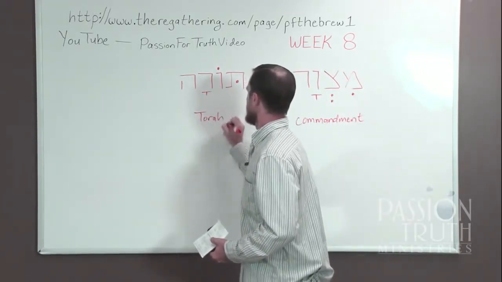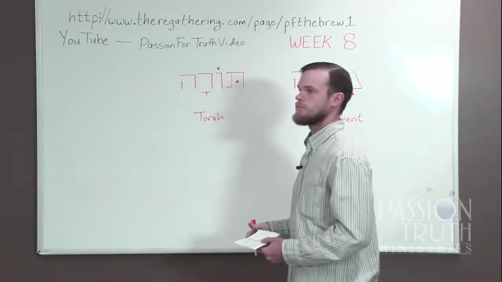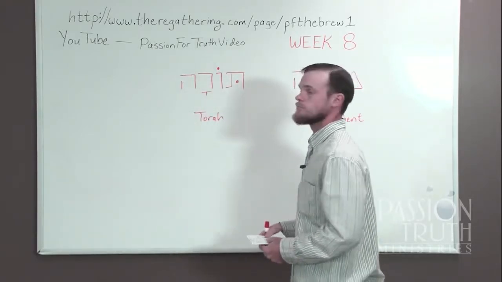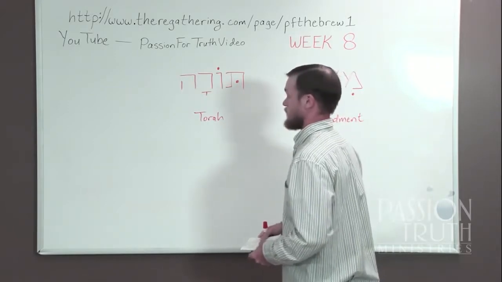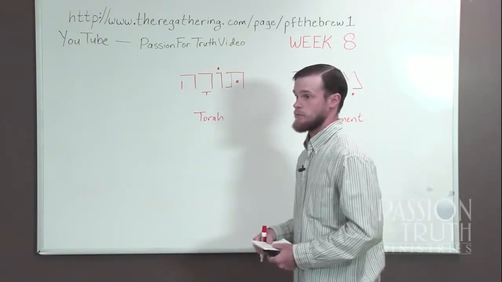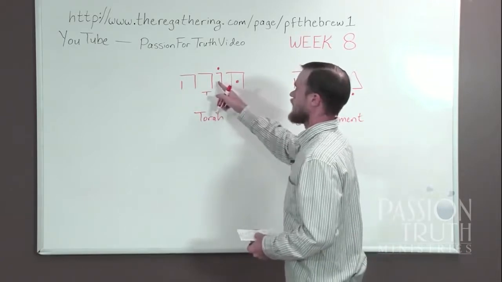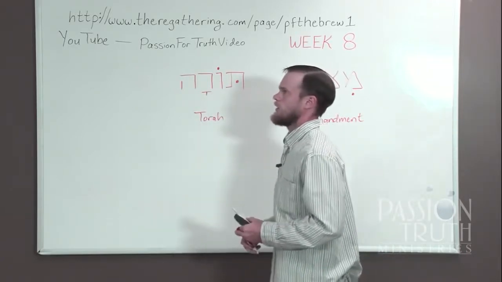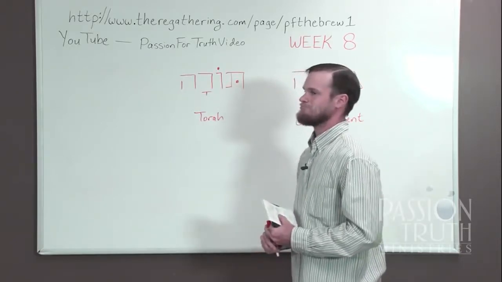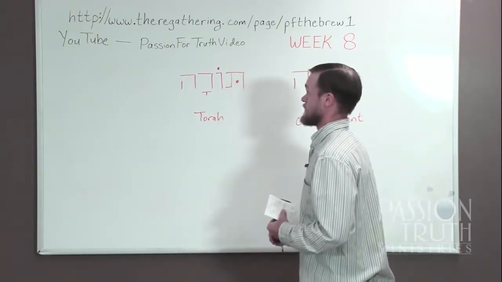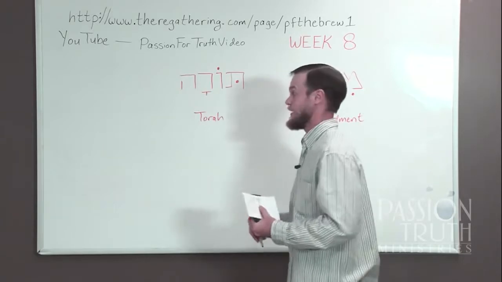Is it common to hear that called a cholam vav? Yeah, you can hear it called a cholam vav, or a full cholam. As opposed to a partial? Yeah, without the vav, they actually call it a defective cholam. Not because there's anything wrong with it, but just because something's missing, the vav.